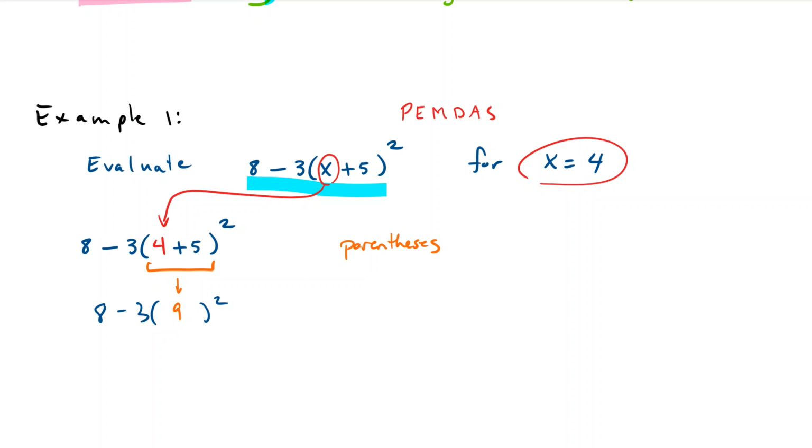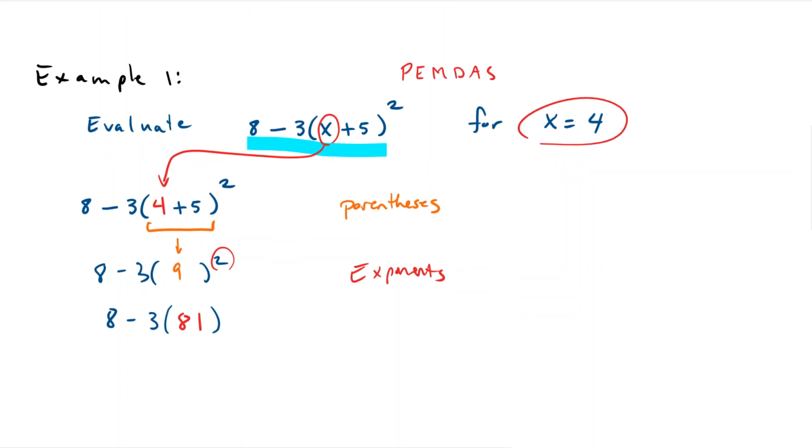After our parenthesis, the next thing that we deal with in PEMDAS is exponents. So we have an exponent right here. 9 squared is 81. And again, everything else follows down.